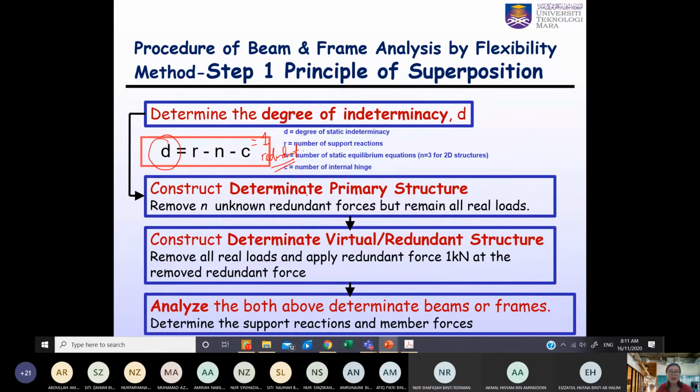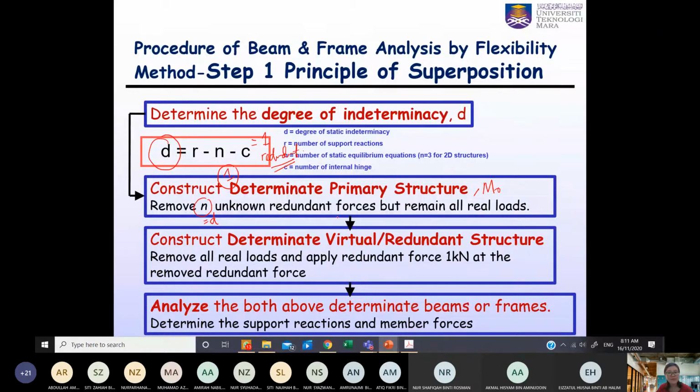Then you need to construct the primary structure and virtual structure. You will always construct only 1 determinate primary structure, which we name M naught. You remove the n unknowns, and this n must be your D value. If you have one redundant, you need to remove one.